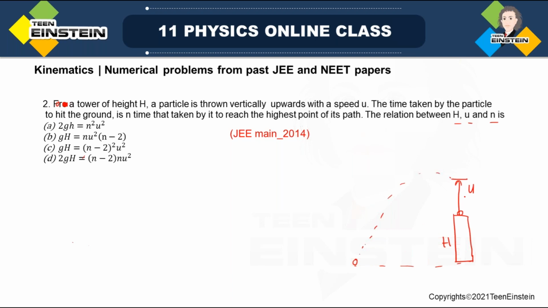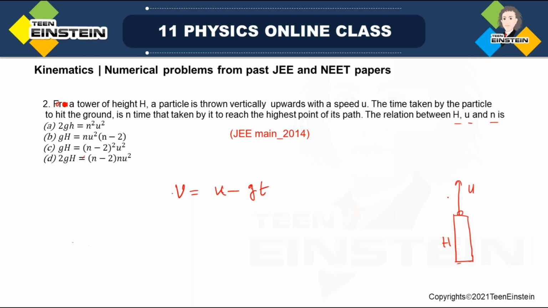Now what is the time it takes to reach the highest point? The final velocity at the highest point is going to be 0. So we can write final velocity equals initial velocity minus gt, since it is motion under gravity. Sorry, I should not be drawing this trajectory like this.